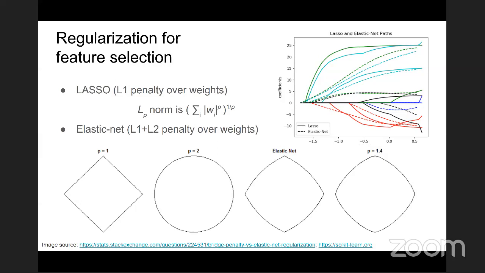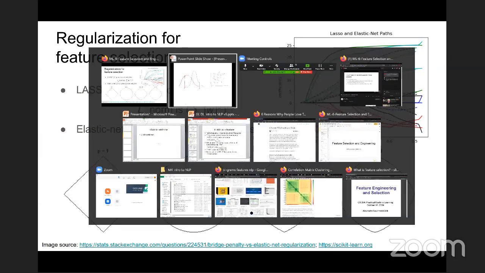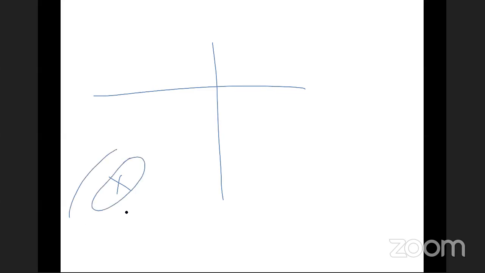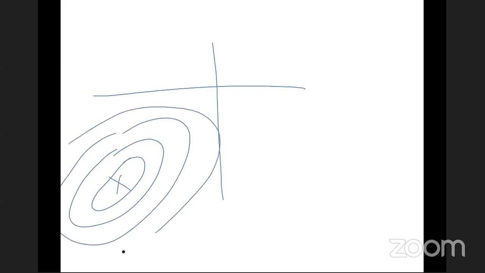If we had linear regression and we use lasso for variable elimination, let's say this was the axis, this was the optimal set of weights if there was no regularization. And let's say that these were the contours of equal error. These are your MSE contours.